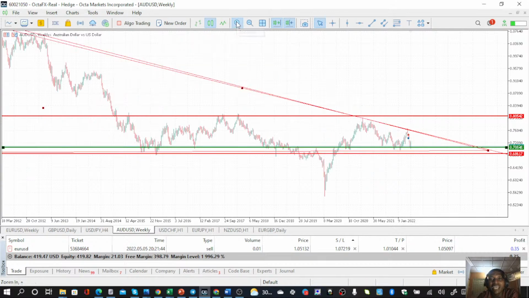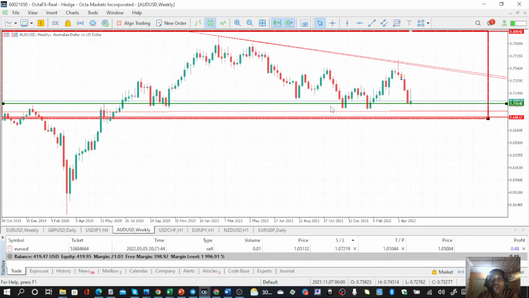If you look closely here, you see that the market has been consolidating. But when you look closely, you would see that the bearish momentum is quite imminent.